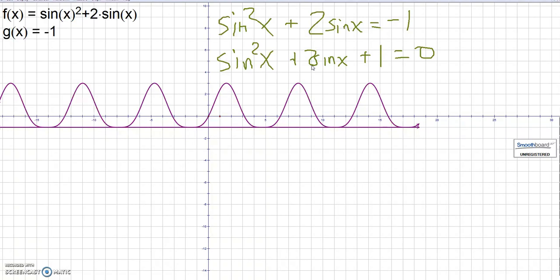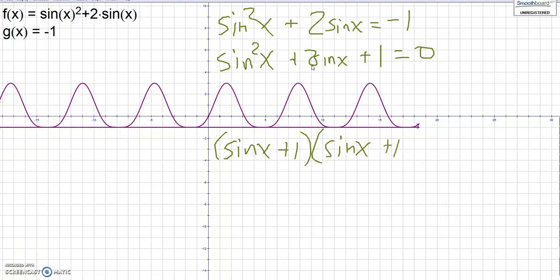So I end up with, and I'll go down below the graphs here, sine of x plus 1 times sine of x plus another 1 equaling 0. If I were to actually FOIL those pieces together, I get sine squared plus 2 sine of x plus 1, all equaling 0. Because these two things are exactly the same, I really only have to solve it once.